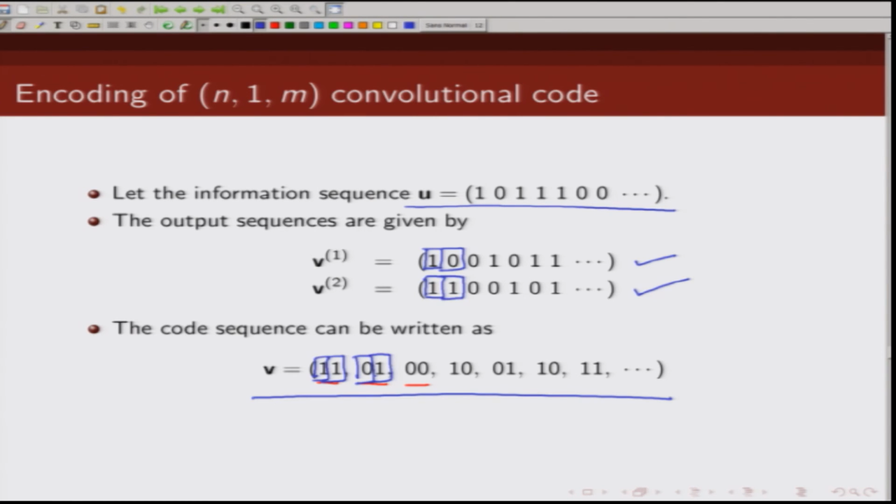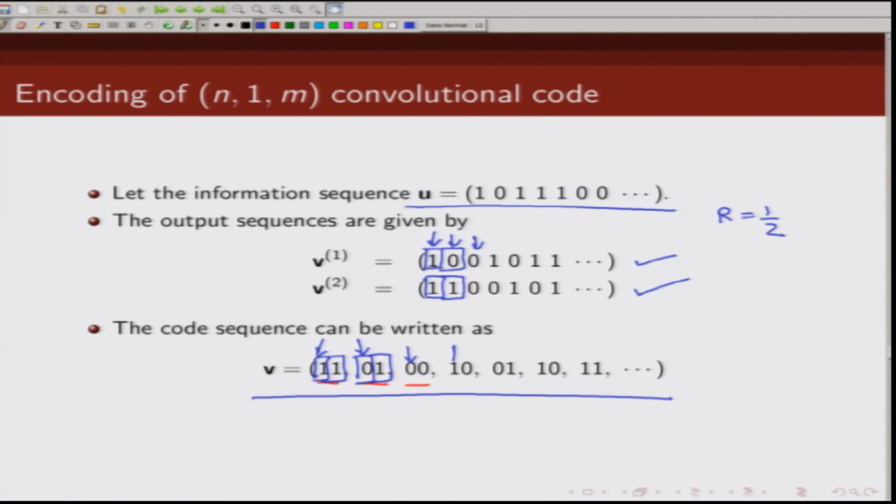So, what am I doing? In this case, rate was 1/2. So, you can see in the output, every second bit is coming from this. So, this is my 1 which is appearing here, this is my 0, this is my 0, this is my 1 which is appearing here.